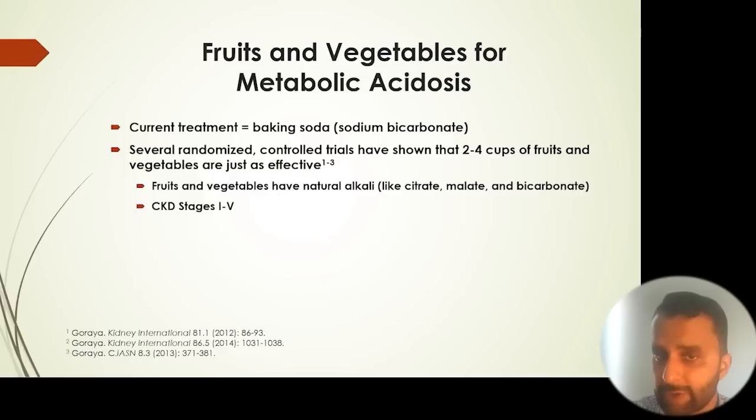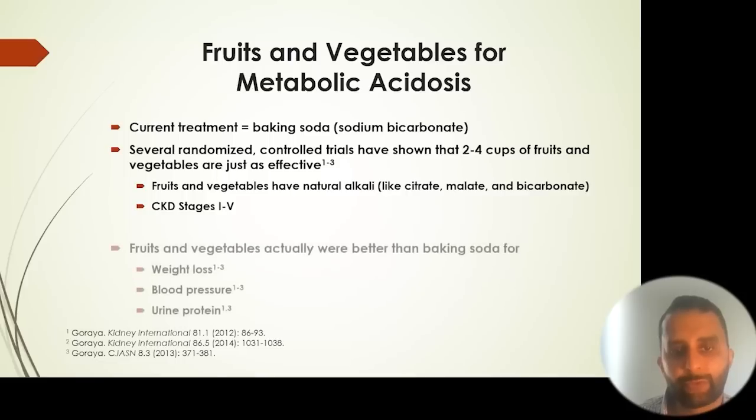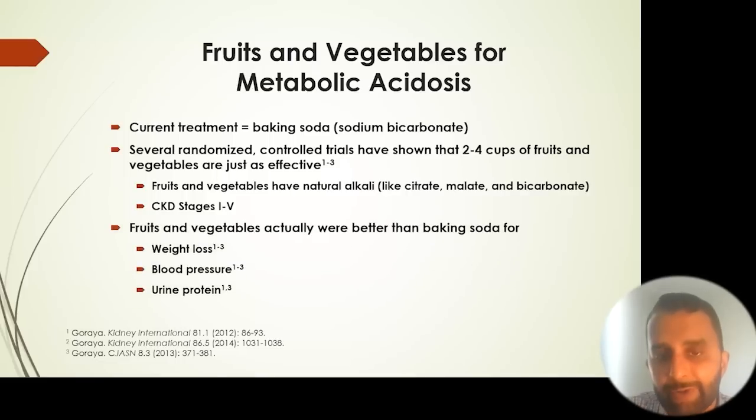The reason fruits and vegetables are effective for treating metabolic acidosis is because they have natural alkali like citrate, malate, and bicarbonate. This has been studied in stages of chronic kidney disease 1 through 5. And not only are they good for treating metabolic acidosis, but compared to studies using baking soda or sodium bicarbonate, they were actually better in other parameters such as weight loss, blood pressure, and urine protein.